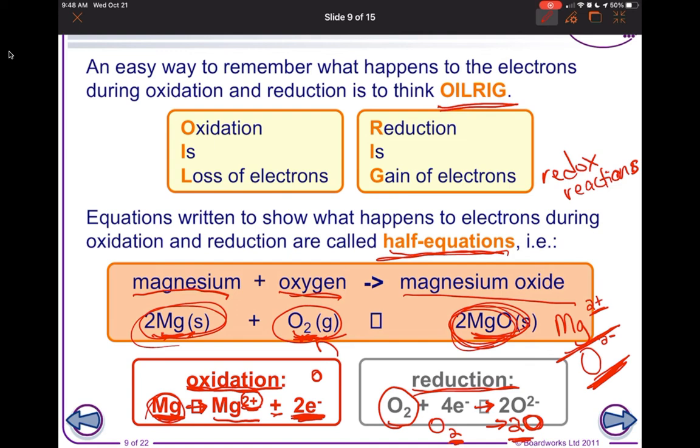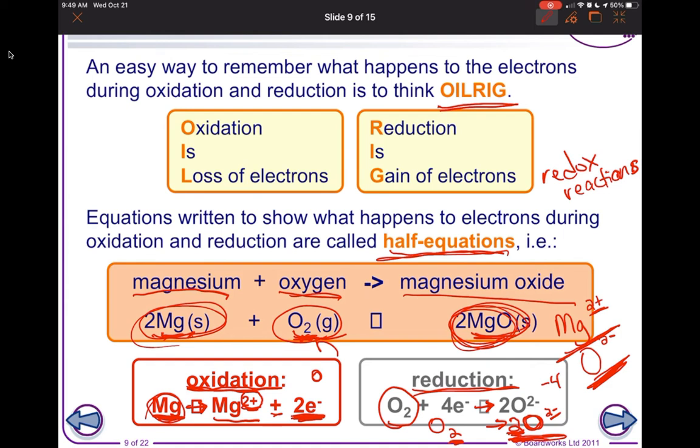Now, we just said that oxygen is going through reduction. So it's gaining electrons, and I know how many it gains based off of the overall charge on my anion. So I'm looking right here. Each oxide ion has a 2 negative charge, and that number out front, that 2, tells you have 2 of those. So I have to say 2 times my charge of 2, and that would give me an overall charge of -4.